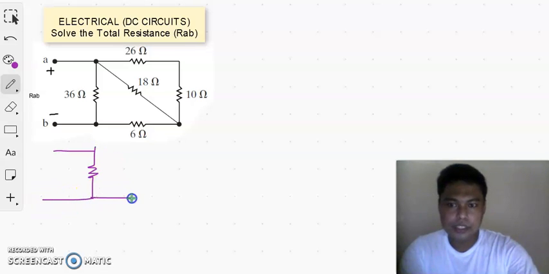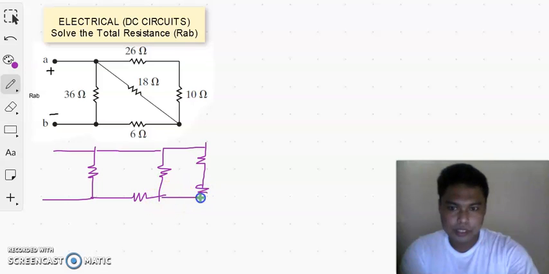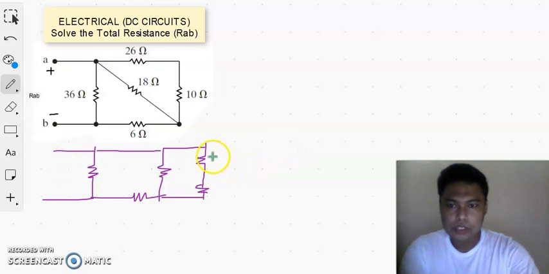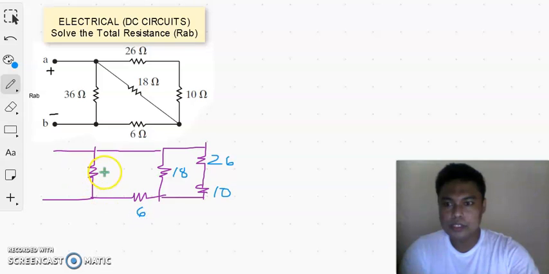Okay, this is 6, and then this is 18. We can have it labeled. So this is 26. So this is 10. This is 18. This is 6. This is 36. This is EB.